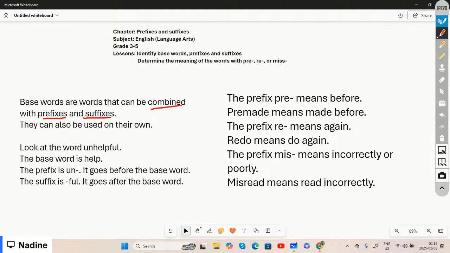All right. So when it comes to our base word, our prefix and our suffix, remember we said that a base word can either stand on its own, or you can add a prefix, or you can add a suffix, or you can add both.